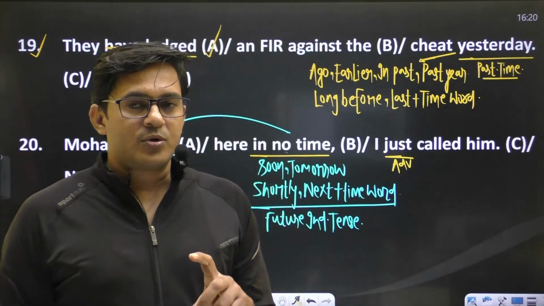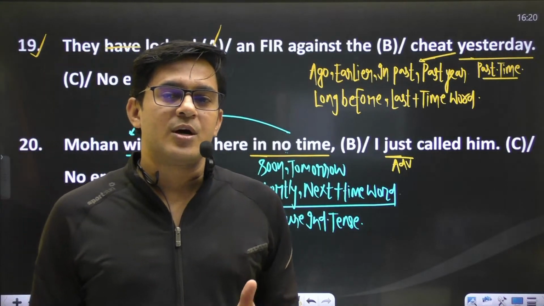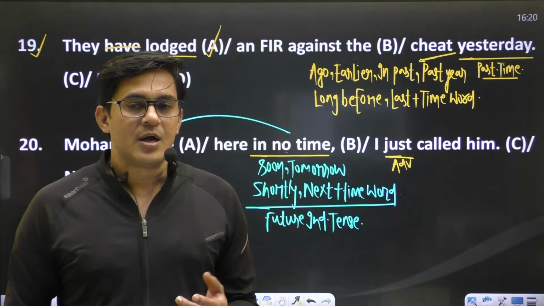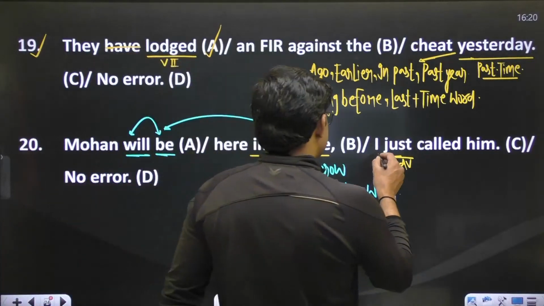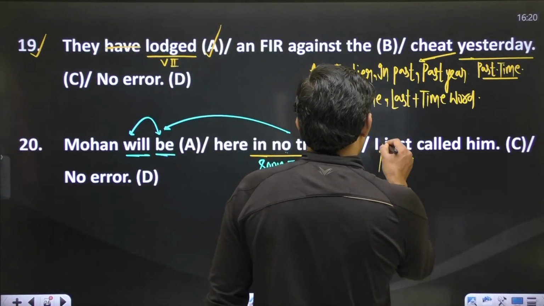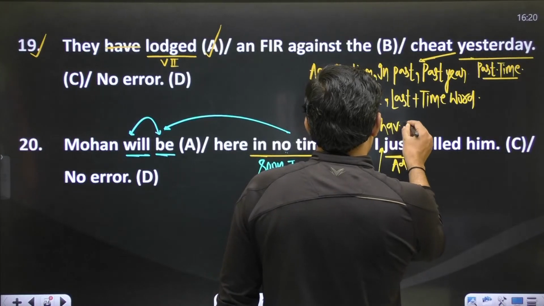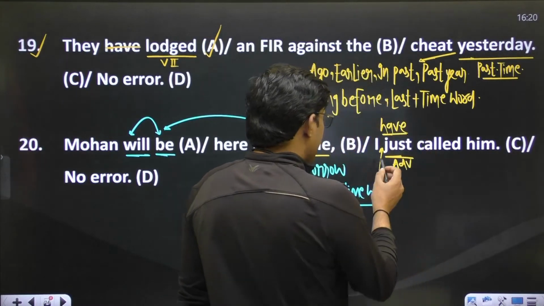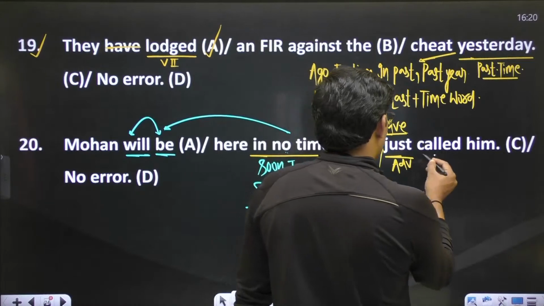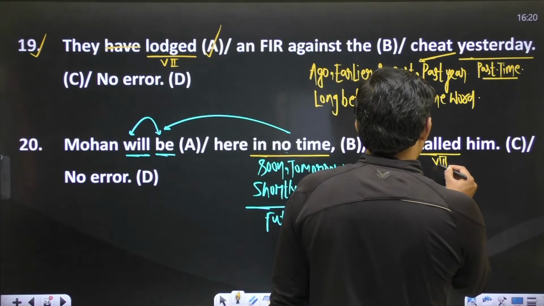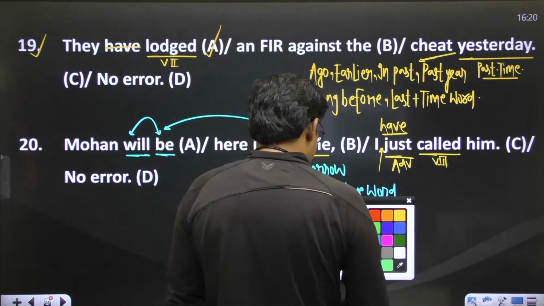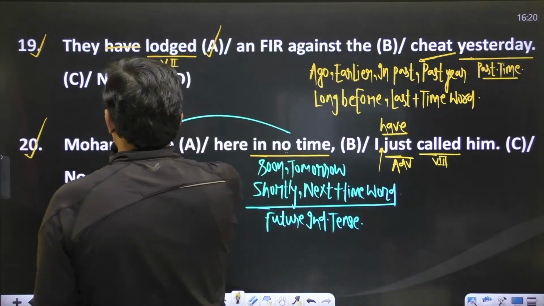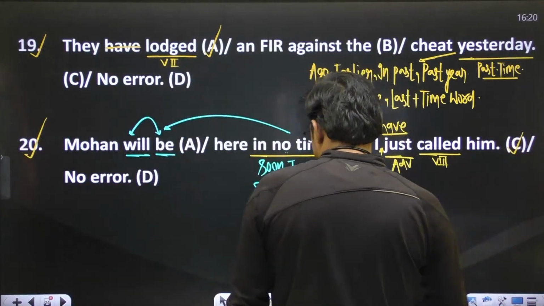So it is used to show completion, perfection. That's why this word demands present perfect tense. So to make it present perfect, apply have before just and say, I have just called. This is the third form of the verb, and now it becomes present perfect. Now the sentence will be fine, and you have an error in part C.